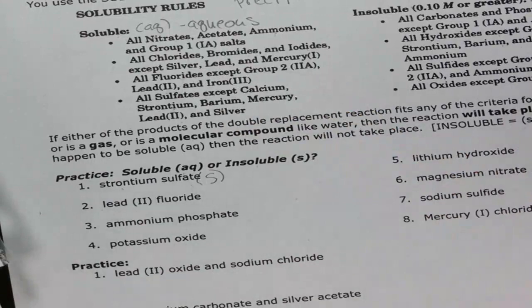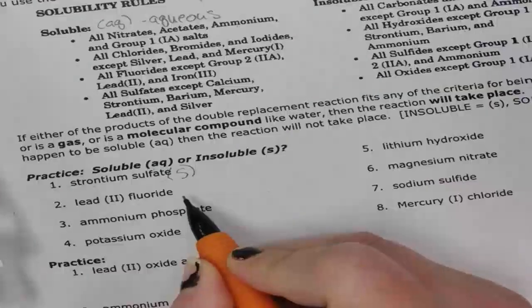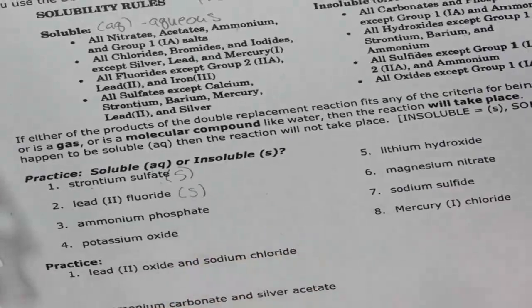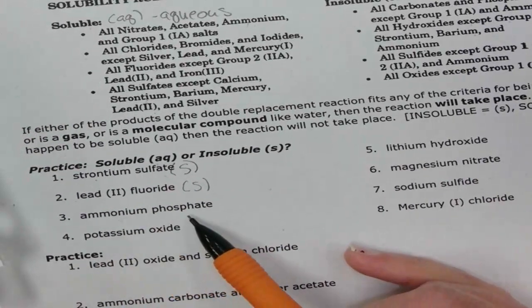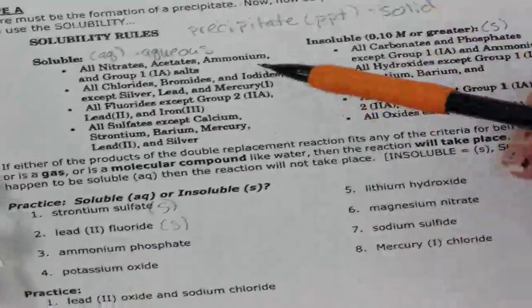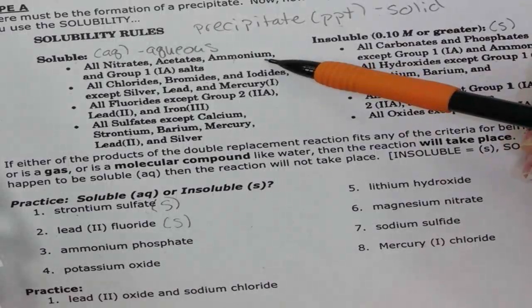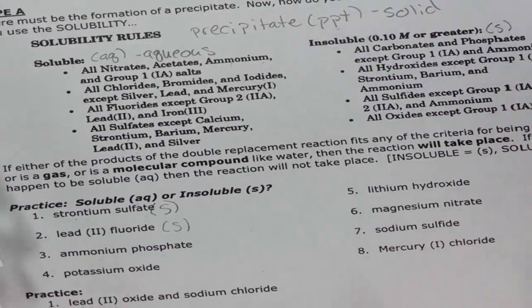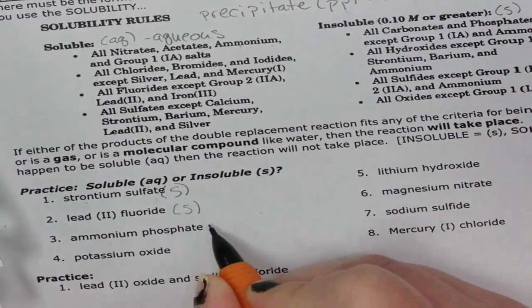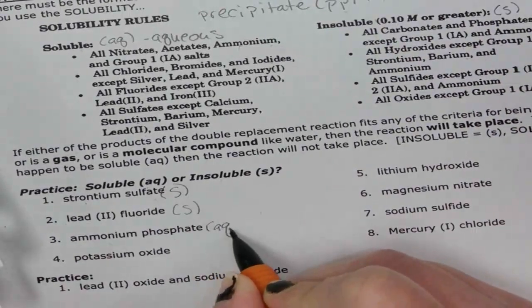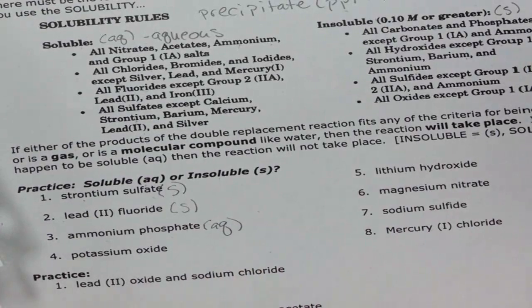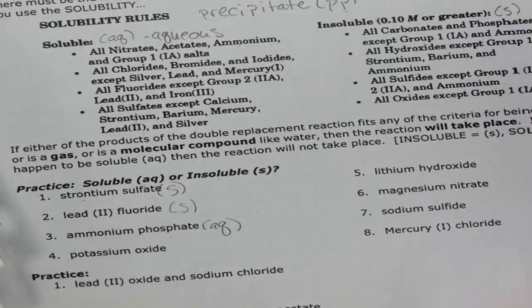So lead 2 fluoride is also an exception. It is insoluble. Ammonium phosphate. Ammonium is always soluble, regardless of what it is combined with. So ammonium phosphate is soluble. So we're going to write AQ for aqueous, dissolves in water.